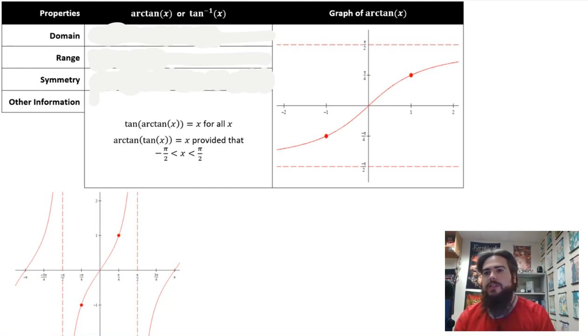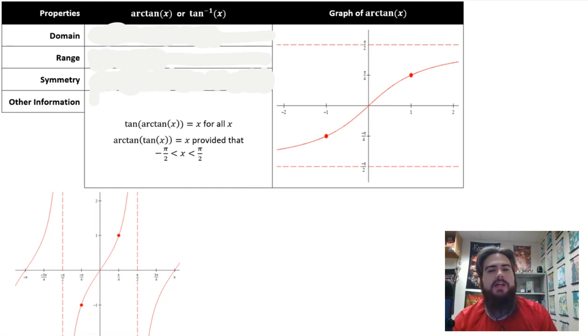For example, for arcsine, you needed to plug in a ratio that made sure the hypotenuse side was as big or larger than the opposite. So you couldn't plug in anything larger than 1. Arccosecant was the opposite of that. You had to make sure the ratio was 1 or larger to define the hypotenuse to be larger than the opposite side. The same is true for arccosine and arcsecant.